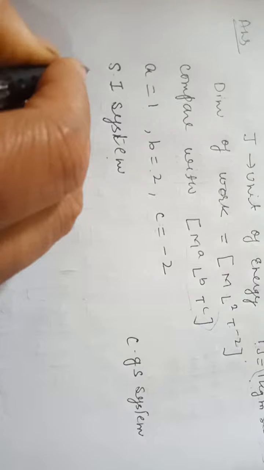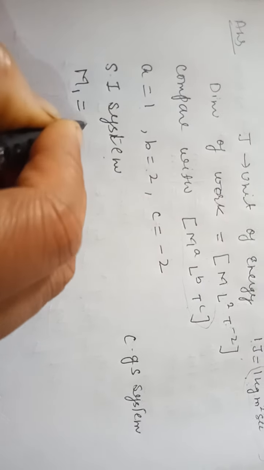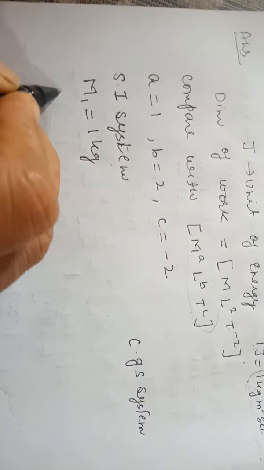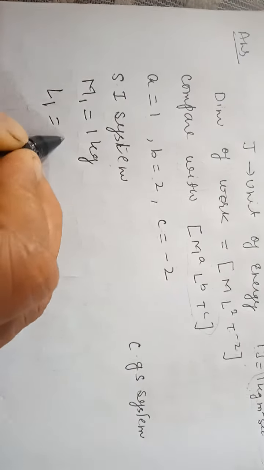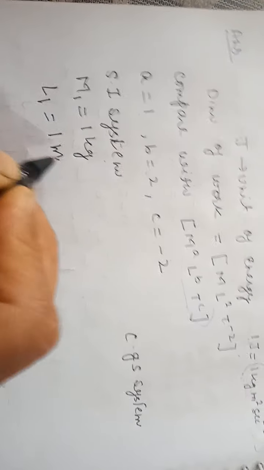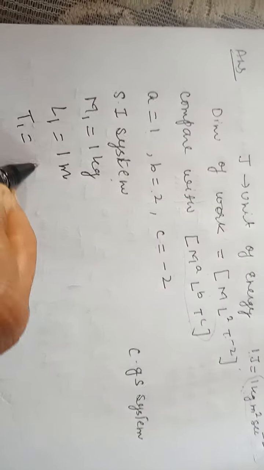In the SI system, m1 is equal to 1 kg, l1 is equal to 1 meter, and t1 is equal to 1 second.